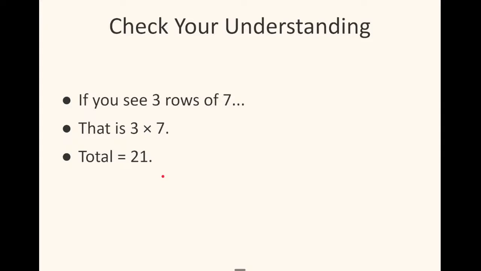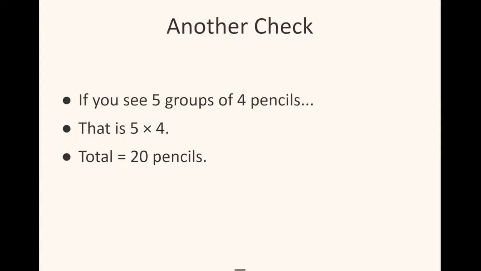And rows help us decide the multiplication sentence. So another example is if you see 5 groups of 4 pencils, then that would equal 5 times 4, and the product of this equation would equal 20 pencils. Groups can tell us what to multiply.